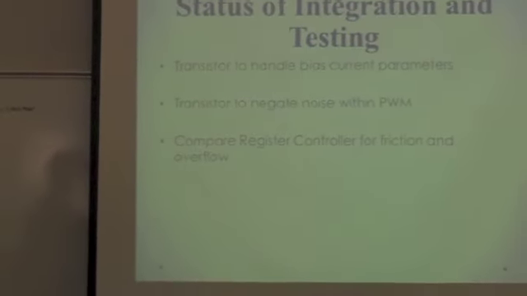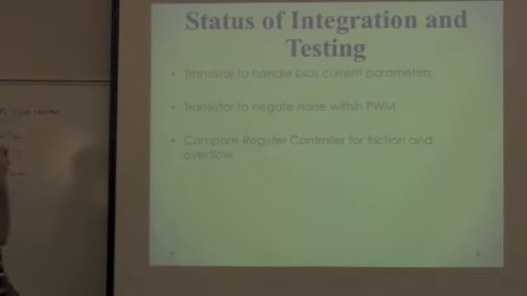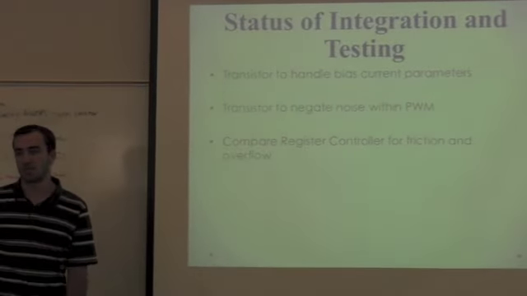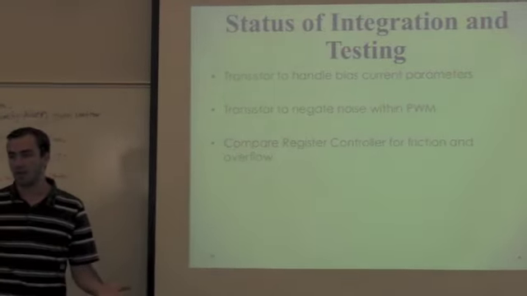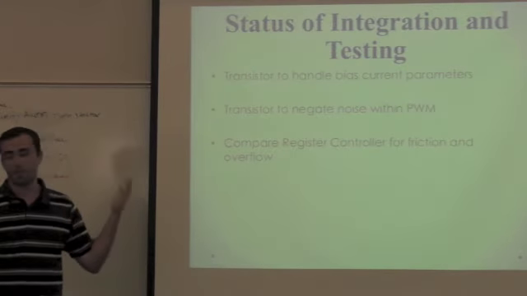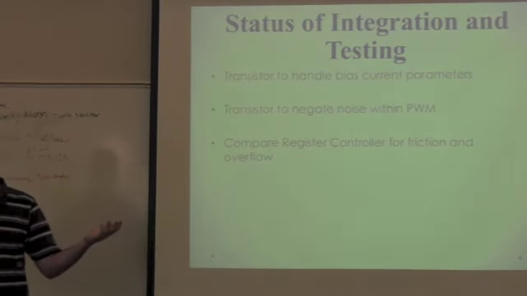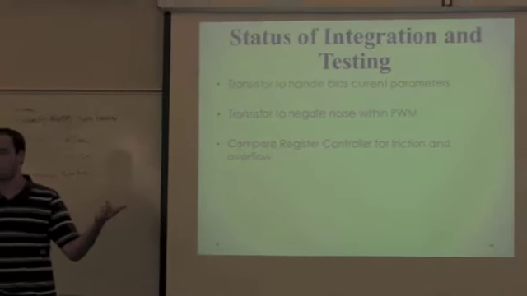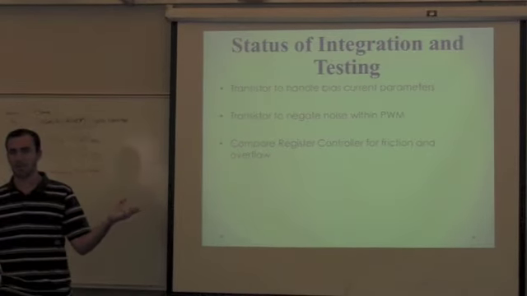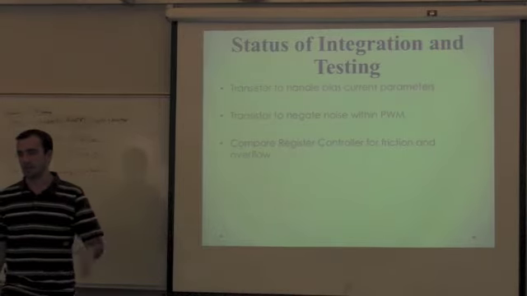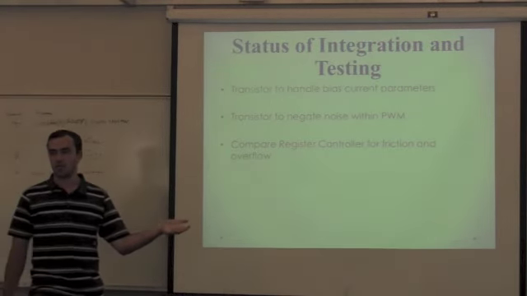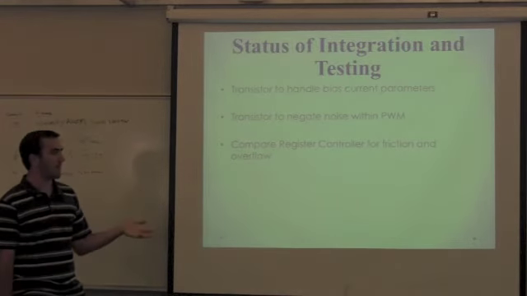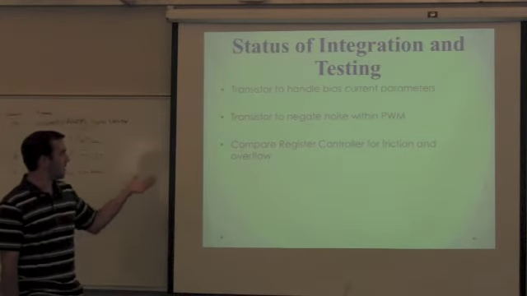The status for the integration: we had some issues with the transistors because most of the transistors provided through lab can't handle the bias currents that we would be dealing with from the 12-volt supply and the fans, which run at about 0.3 amps each. That exceeds most of the transistors that we work with, so we ended up working with medium power transistors.